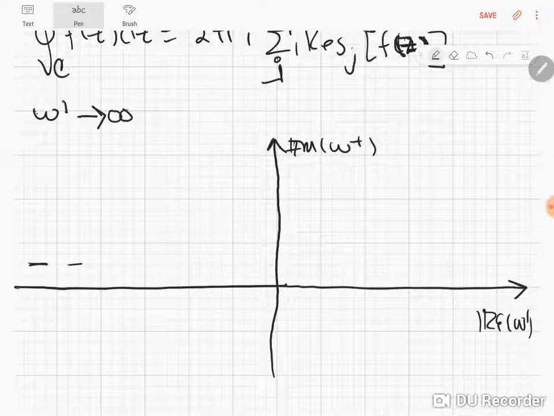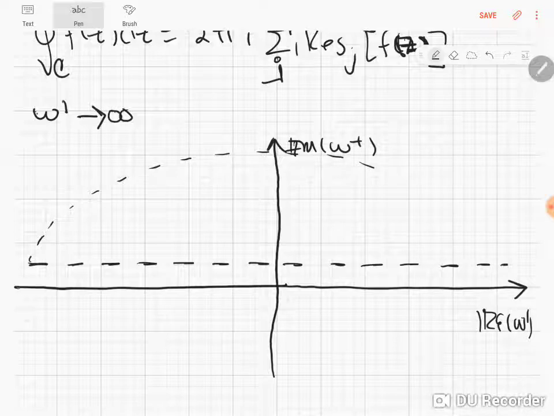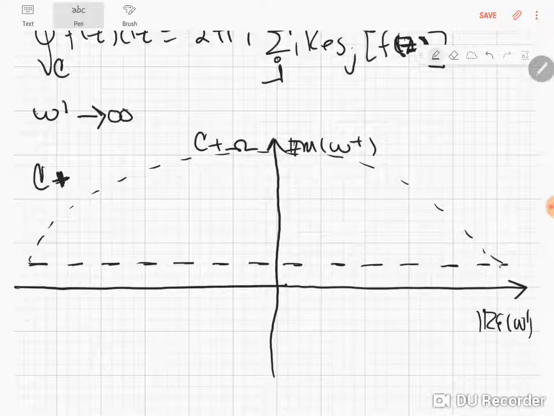We're going to draw a contour like this. See? And then this contour is going to be called C plus. This contour is going to be the semicircle, we're going to call it C plus omega, and the line we're going to call it C plus L.